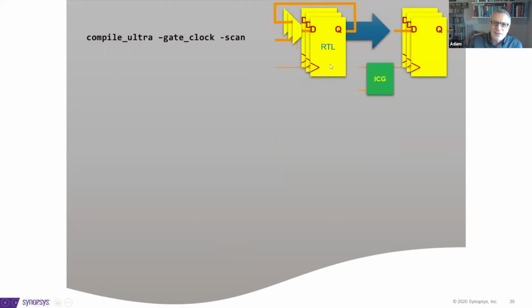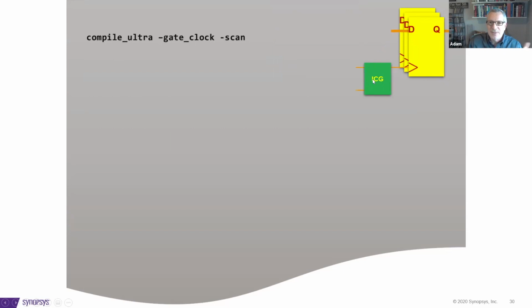Here we've got a situation where in your RTL, there's some kind of a loop Q to D. The synthesis tools are going to see that, and they're going to put in a clock gating cell for you that saves gates or area, and then it also takes the clock tree and allows you to clamp off or turn off that clock tree earlier in the tree, thus again saving power.